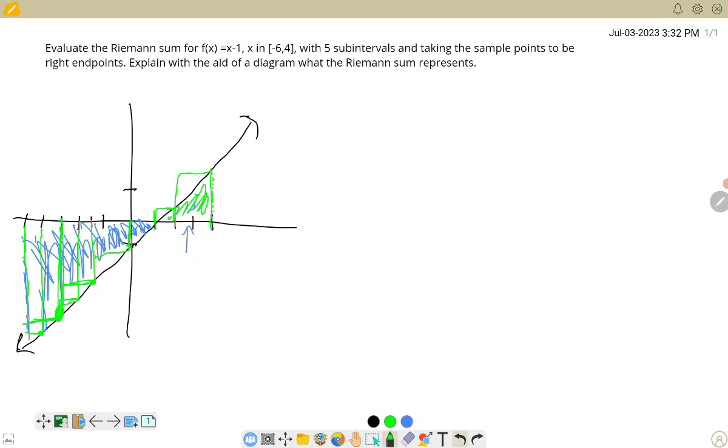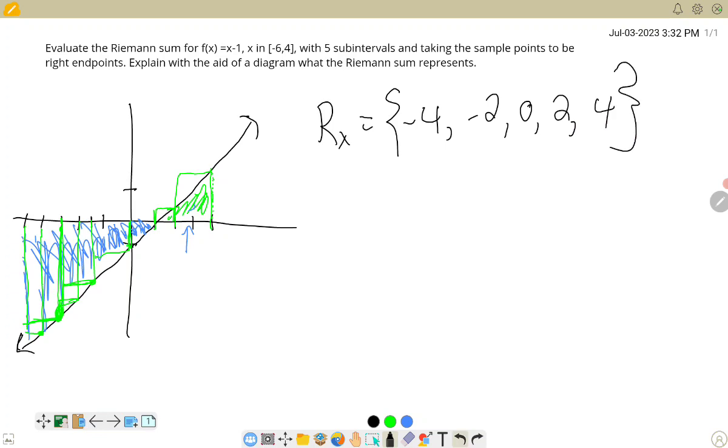Okay, so to figure out what those endpoints are, let's ask what are the x values of the right endpoints. And that's going to be the set of the following: -4, -2, 0, 2, and 4, because we're looking at right endpoints, which is over here.